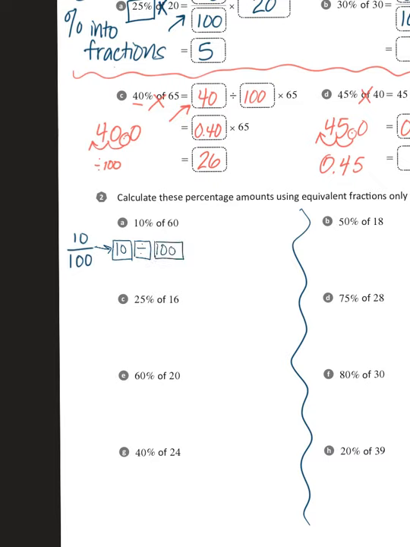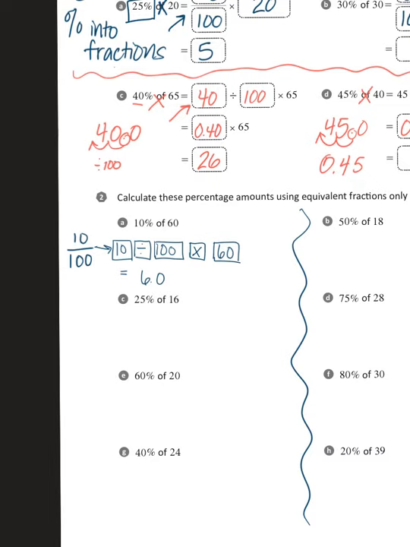Some of you may have a fraction function that allows you to enter your numerator on the top and then your denominator on the bottom. But again, we know that a numerator over denominator is the numerator divided by the denominator. So 10 divided by 100, and then we would multiply by our given value. So in this case, 60. Okay. When we have this number, we end up with an end answer of 6. So 10% of 60 is 6.